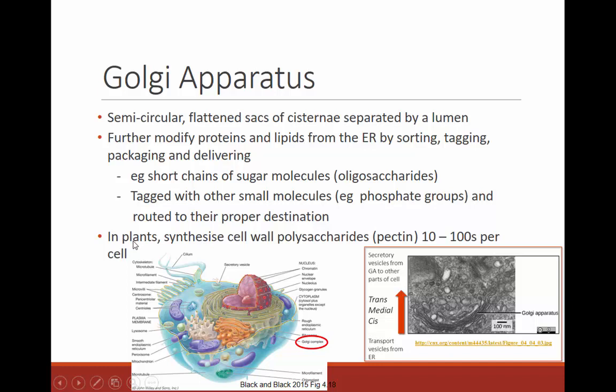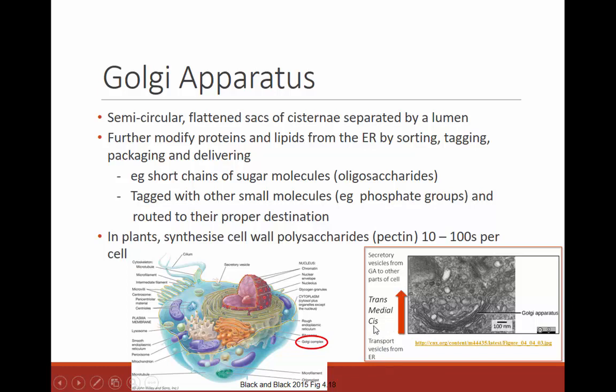Now in plants, they also have Golgi apparatus, but this is where the synthesis of polysaccharides for the cell wall occurs. Those polysaccharides can be pectin, and you can have 10 to hundreds of these per cell. It's good to know what they do and what they look like, but it's even better to see what they look like under a scanning electron micrograph.